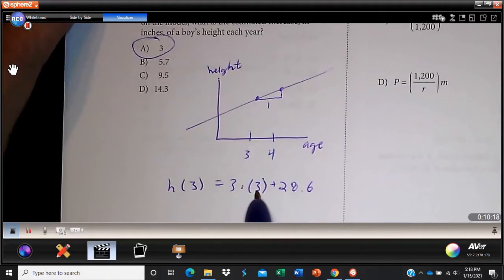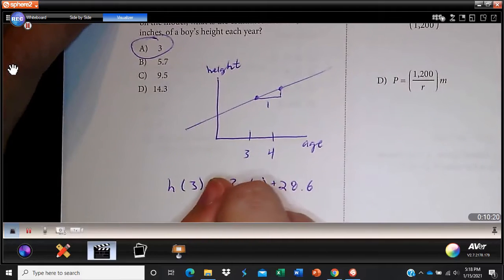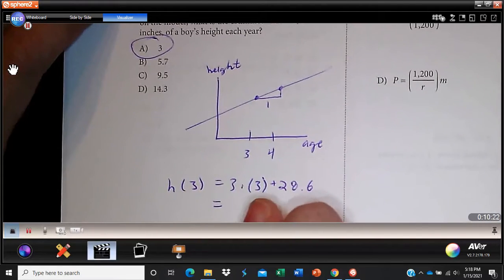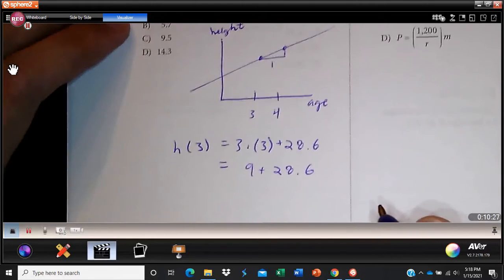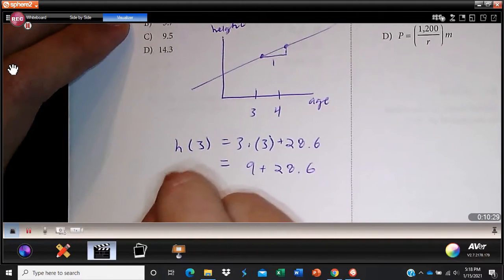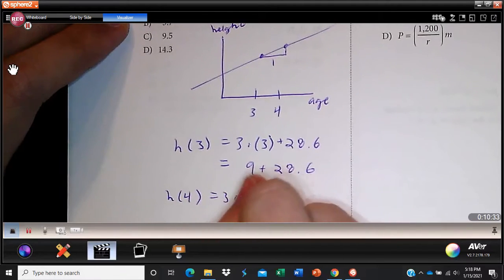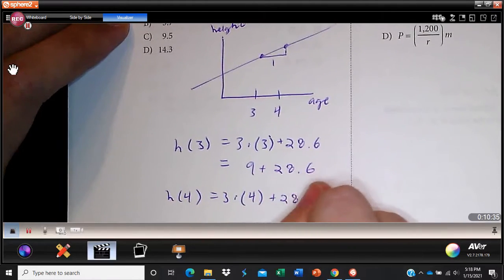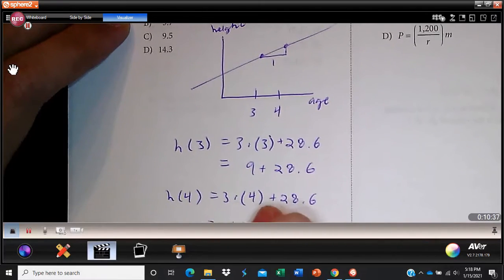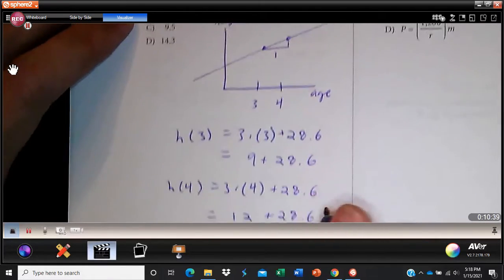So I just plugged in 3 for his age. These are the ages of boys. So this would be 9 plus 28.6. I'm not even going to simplify that. Age of 4 is going to be 3 times age, which is 4 in this case, plus 28.6. So this is going to be 12 plus 28.6.